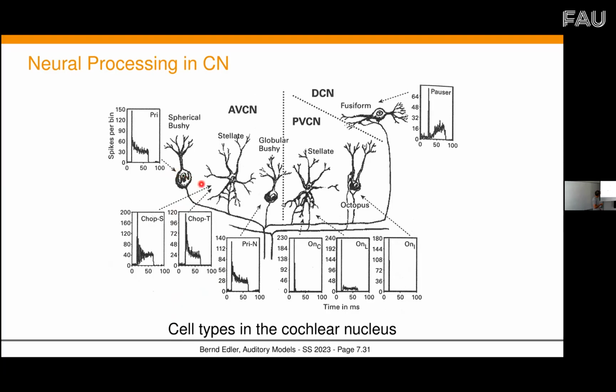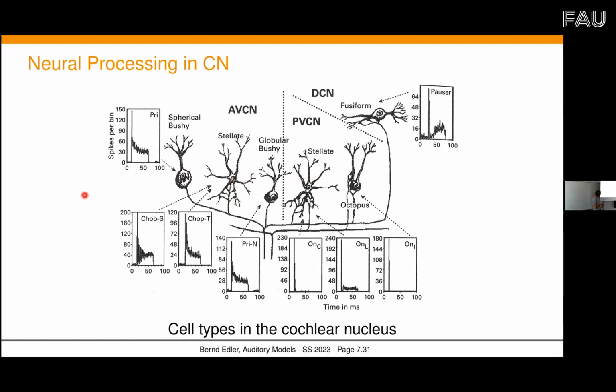You have different shapes of cells, as you can see here, the names explaining just the shapes, more or less: spherical, bushy cell, stellate, like star shaped, and so on.